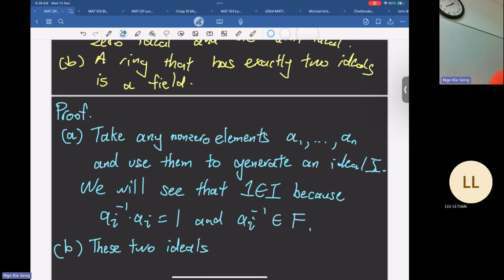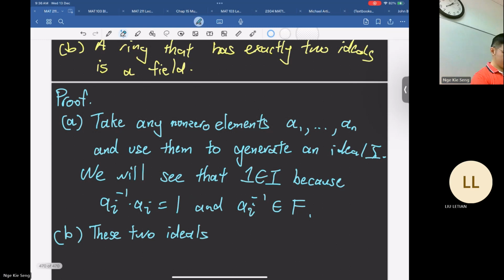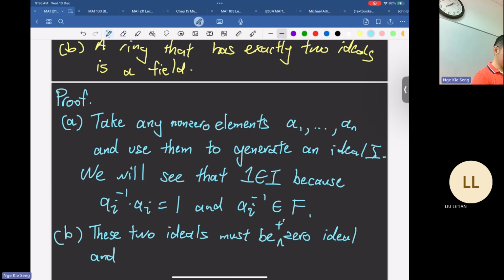So in this case, these two ideals must be the zero ideal and the unit ideal. This is the simplest ideal you can form with any ring, because your ring must have 0 or 1.